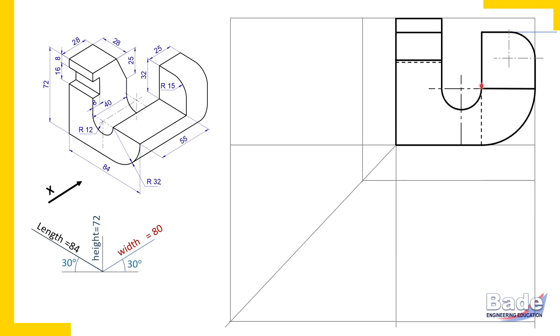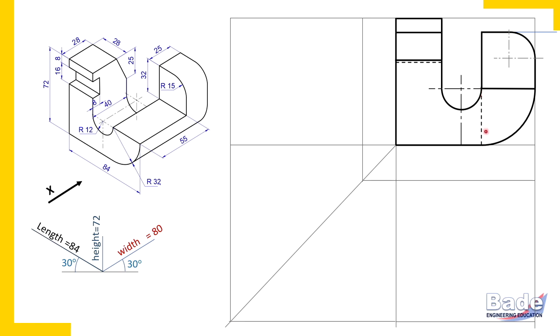Check here, I erased that center line first. I removed that center line first, because when an edge coincides with an axis, then the axis is not important. Axis or center lines are not edges of the object. These are simply imaginary lines. And edges define the shape of the object. So edges are important.